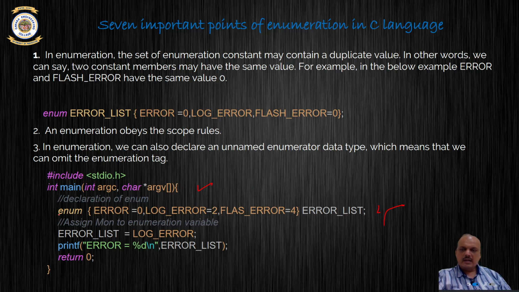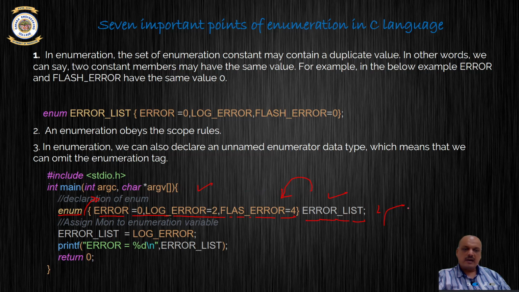The keyword enum is there, but the tag name is missing. Then I have an enumerator list, and then I have an instance error list of this particular type. So you can afford to skip the enumerator tag and directly define an instance out of this.